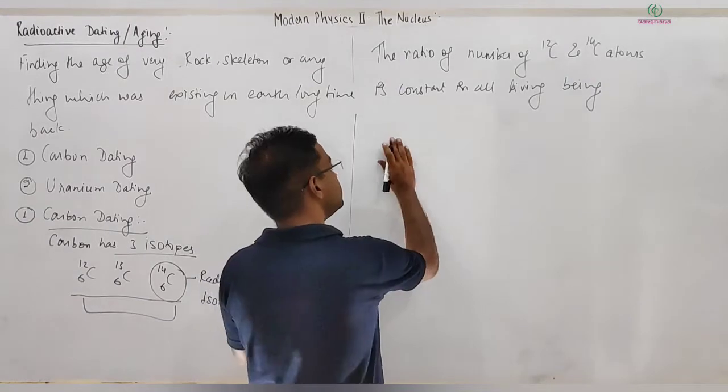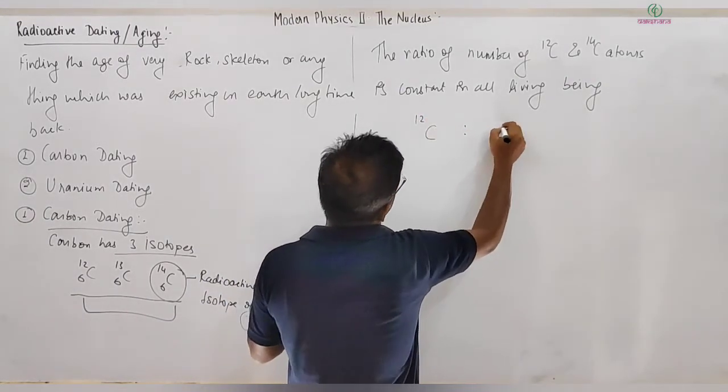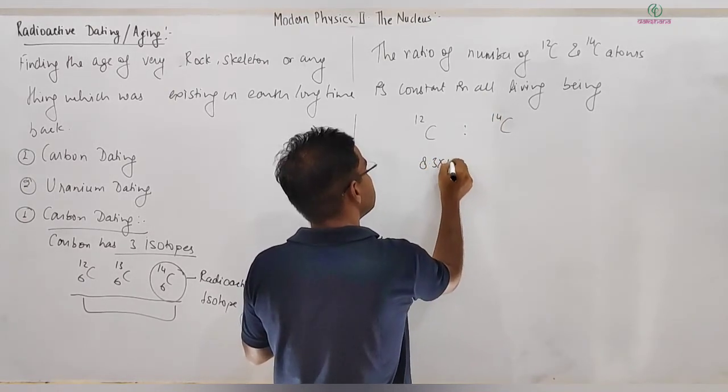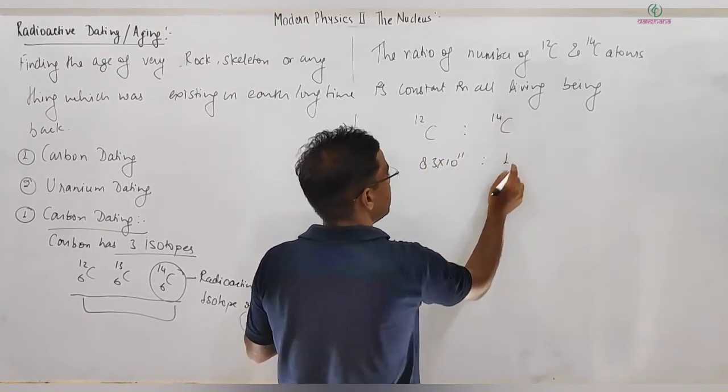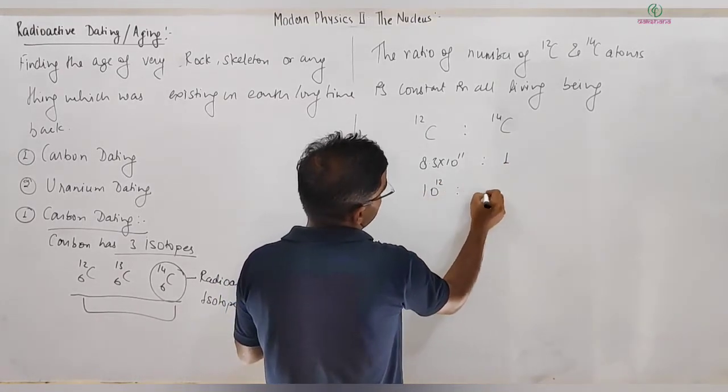The ratio of C12 to C14 is actually 8.3 times 10 to the power 11 to 1. We take it roughly as 10 to the power 12 is to 1.